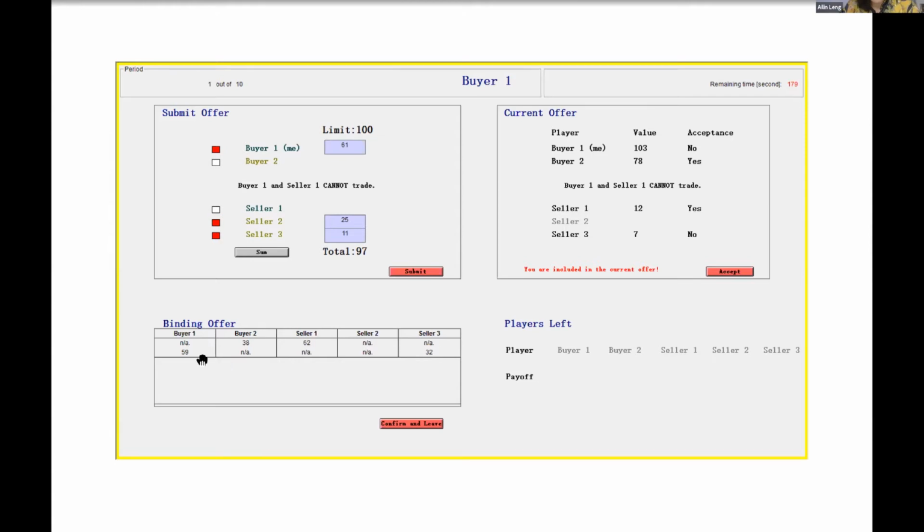Also, the binding offer is committed in a sense. A binding offer can only be changed if all the included players agree on the change. So a newly submitted offer must include all or none of the players in the same binding offer.